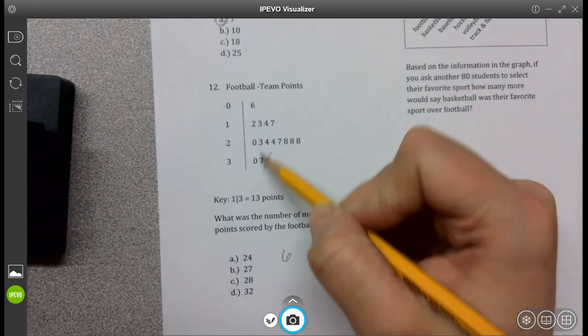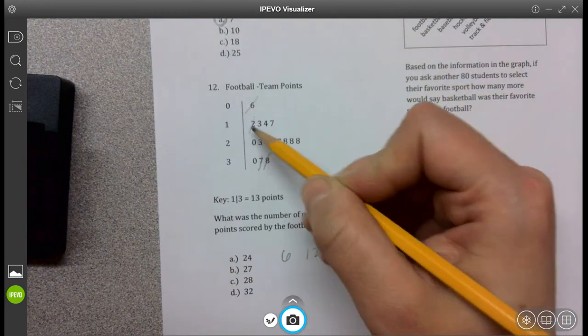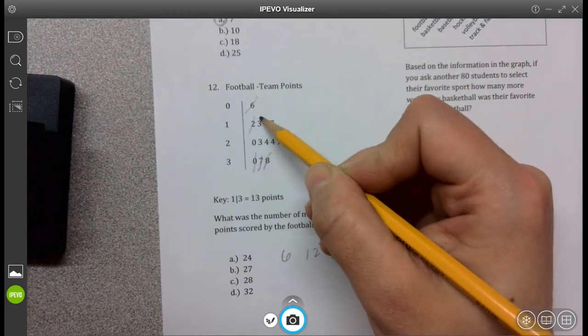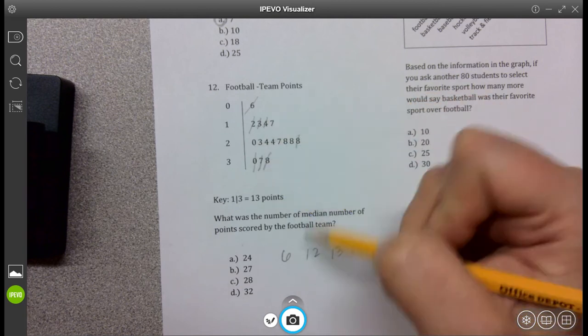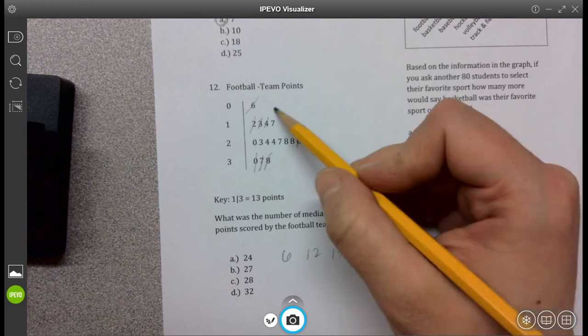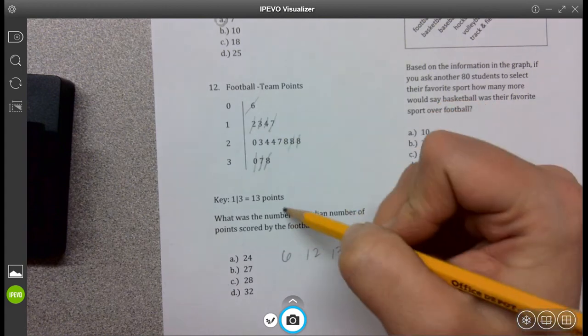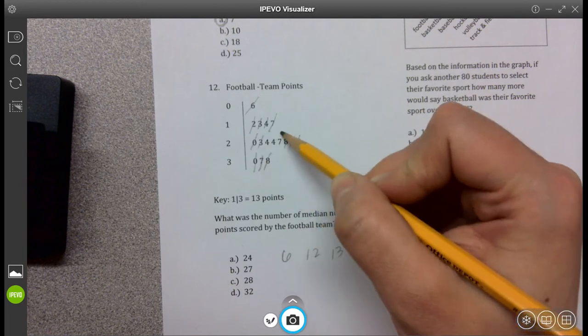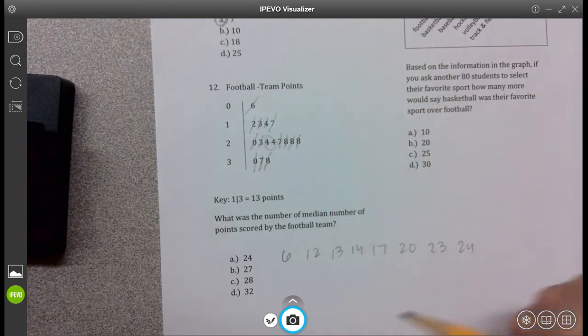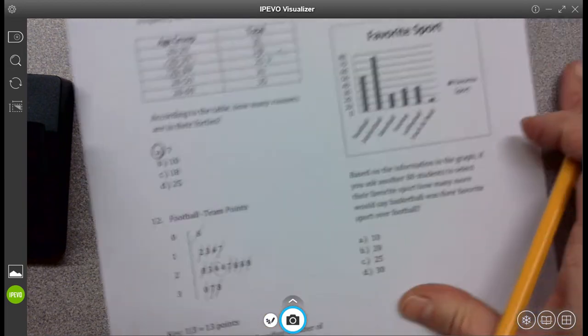You could say 38, 6, 37, 12, 30, 13, 14, 28. Be very careful which one you start. 17, 28, 20, 28, 23, 27. Both in the middle, take the average, it'll be 24.